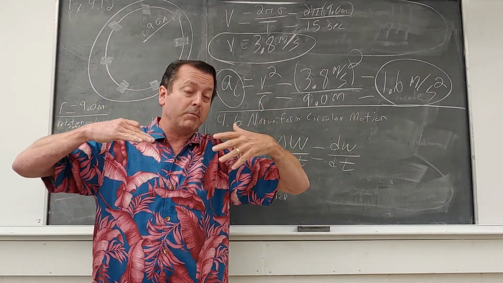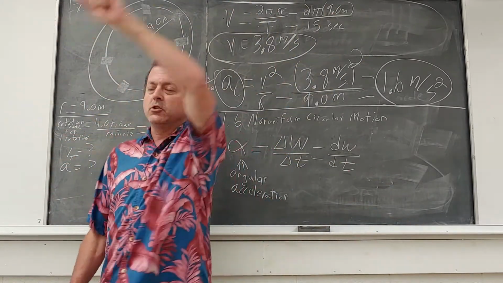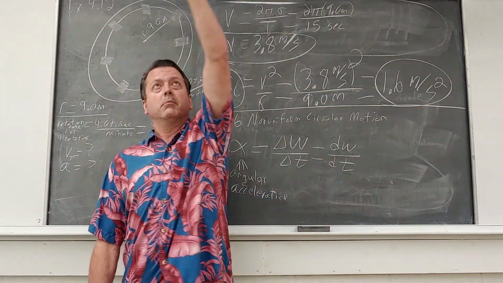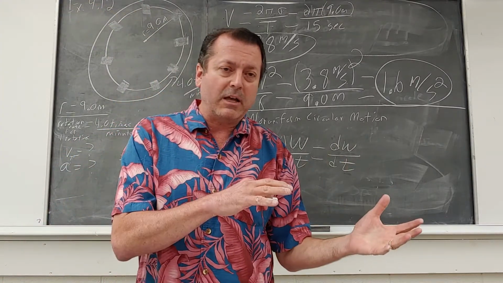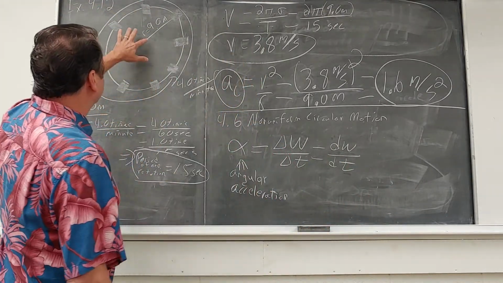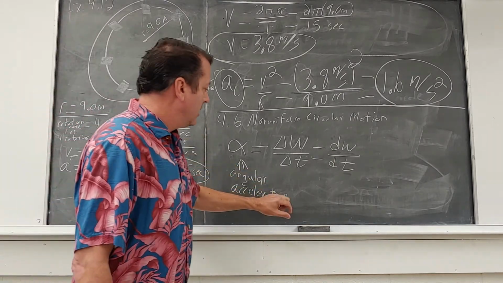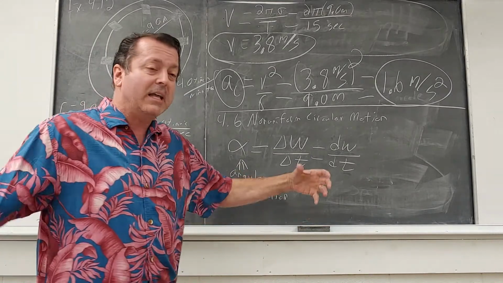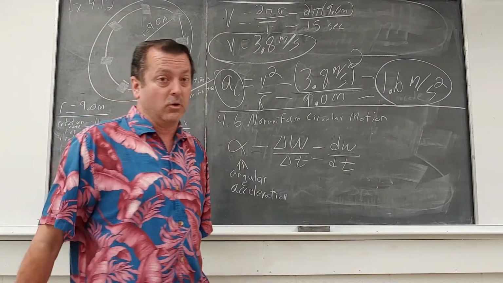There's always a centripetal acceleration. So moving at a constant speed like this, just centripetal acceleration. When I'm doing this, the rotation rate is changing. I also have a centripetal acceleration, and I've got an angular acceleration. So I basically have two accelerations going on.